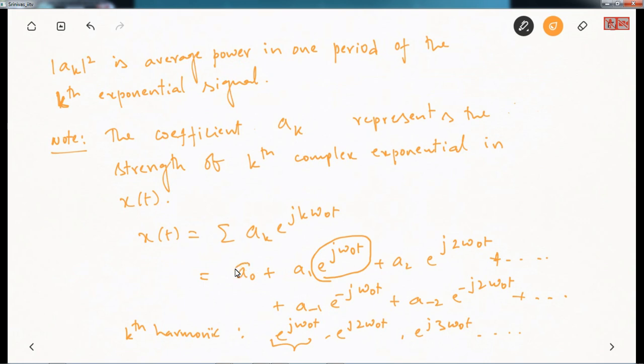But a0, what is a0? If you simply find a0, it's 1 over T integral of x of t dt. So this is nothing but the DC value, or the average value of x of t, simply over one period.